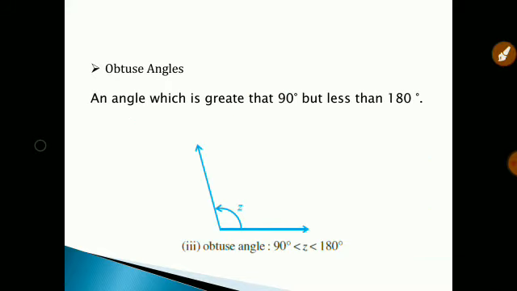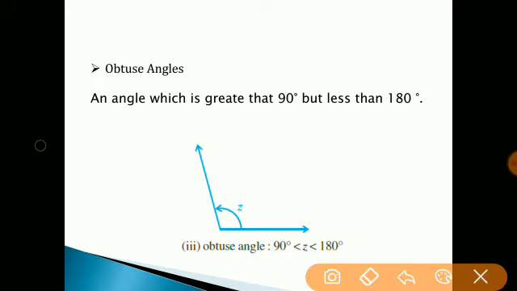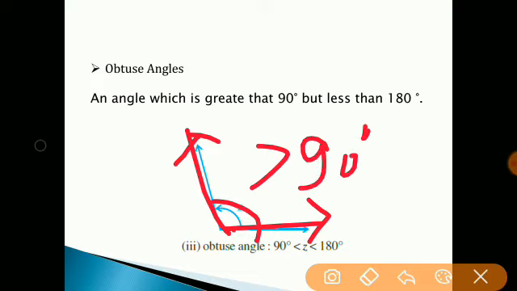Now obtuse angle. An angle which is greater than 90 degrees but less than 180 degrees is called an obtuse angle. We can see that here we have one ray here and another here. The angle is greater than 90 degrees, so this is called an obtuse angle.